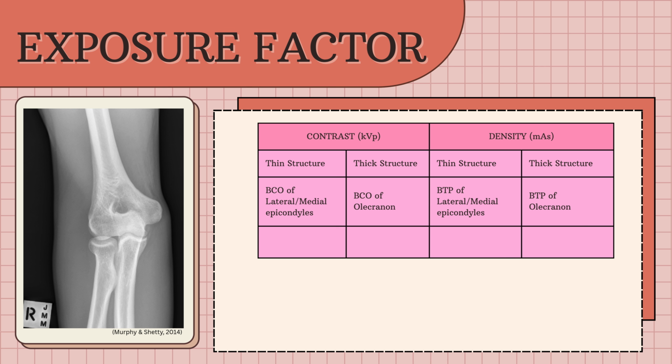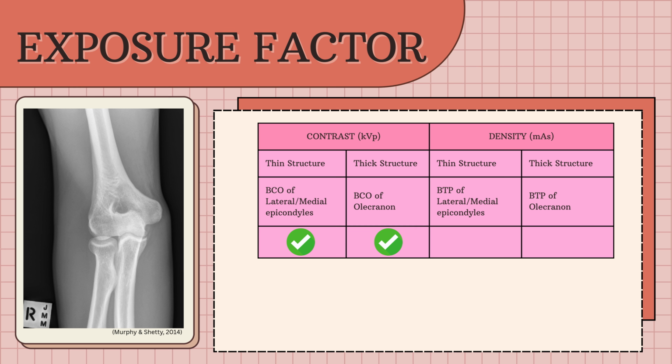Next part is the exposure factor. Based on the radiograph shown, by evaluating the contrast, the BCO of thin structure, which is lateral or medial epicondyles, can be seen, and the BCO of thick structure, which is olecranon, can be seen.